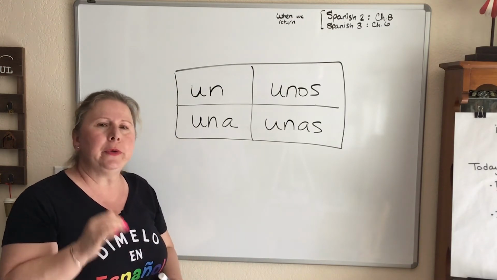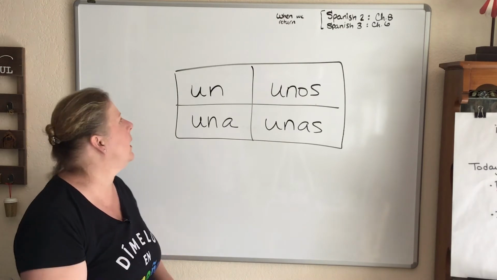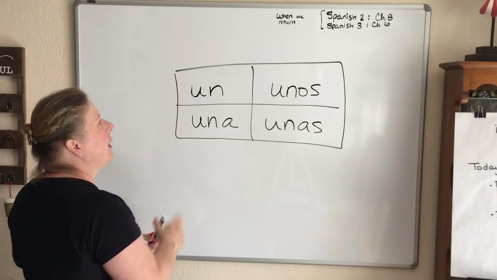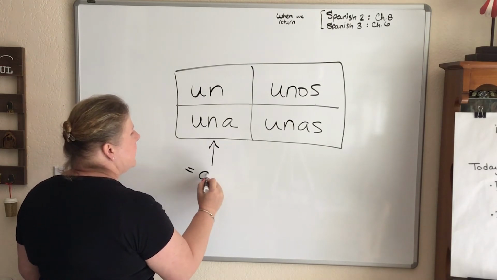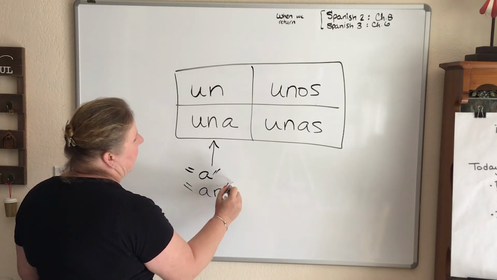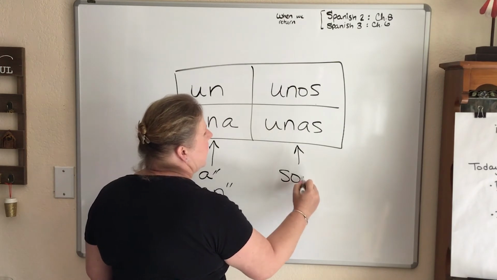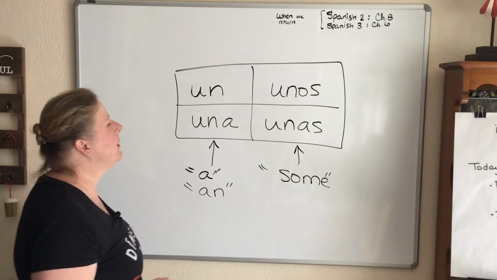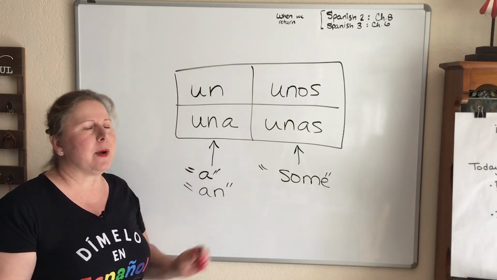If you say uno, that actually means just one, the number one. Versus here, what we've got going on, this part of the chart is saying "a" or "an," and over here, we're saying "some." All right? So that's what these are.